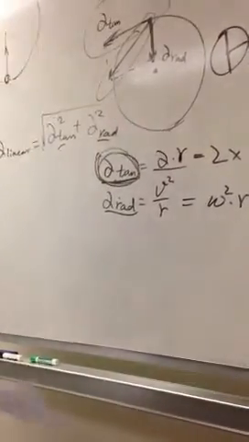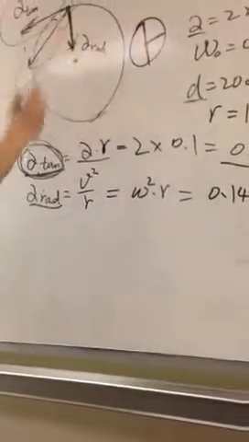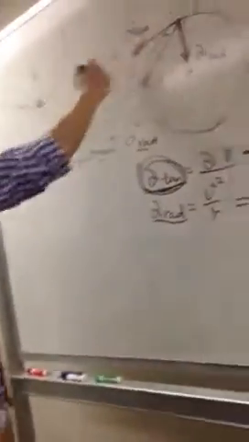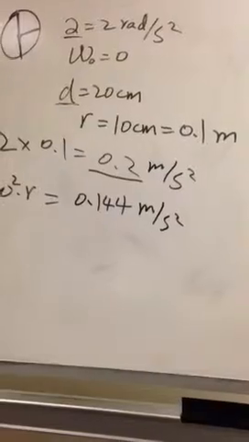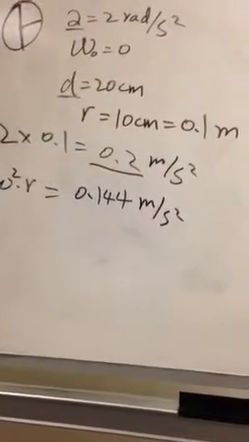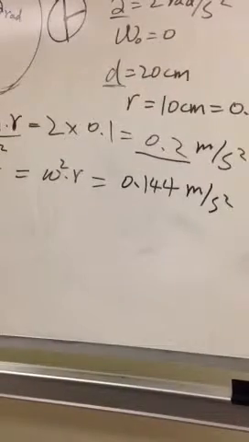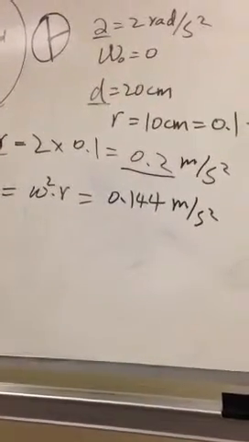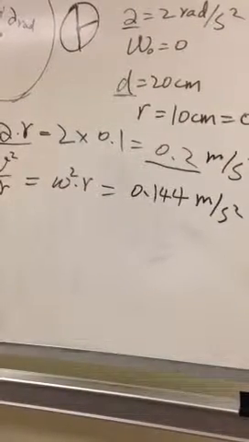Yeah, it's 0.25. So you need to consider both components. That's two different directions. One is tangent to the circle, the other is toward the center. You need to consider both of them to be able to get it.